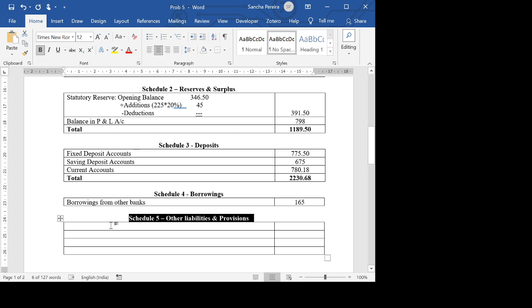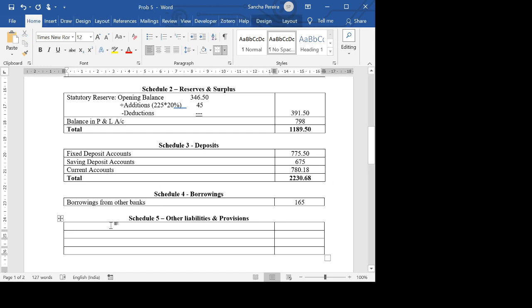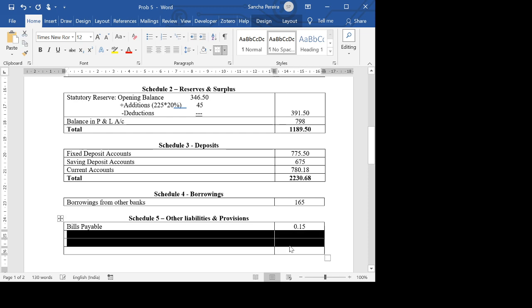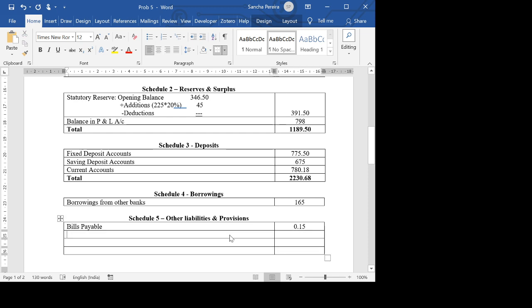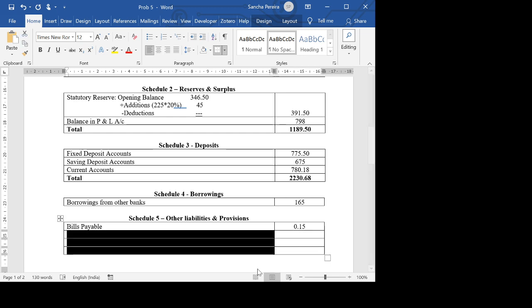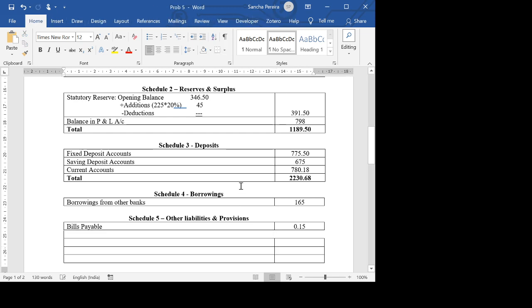We just have one item which is bills payable. The amount is 0.15. Again, just one item, so you don't need to total it.